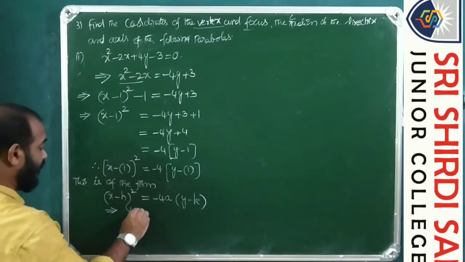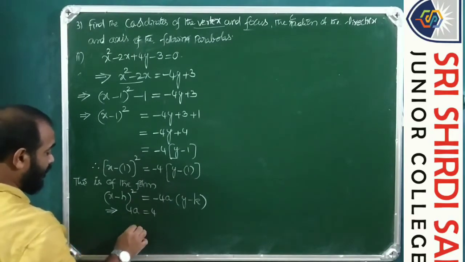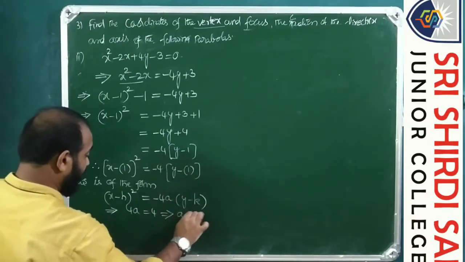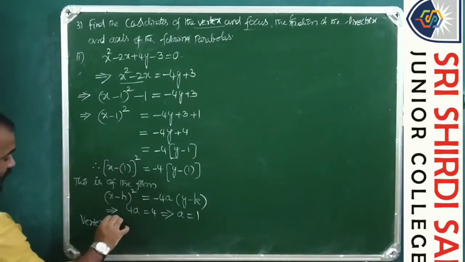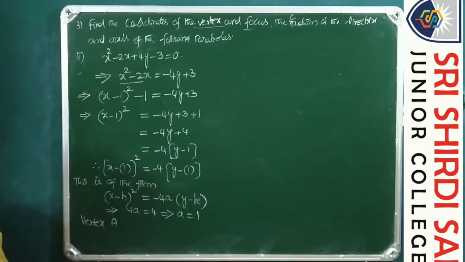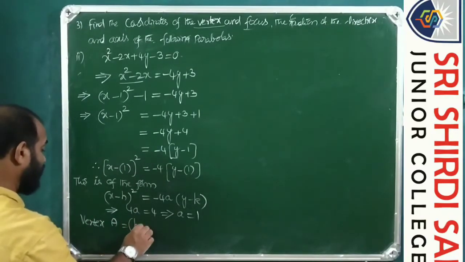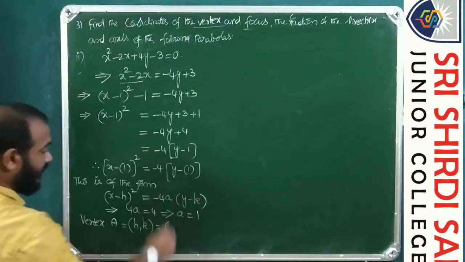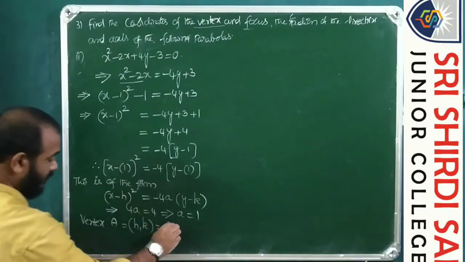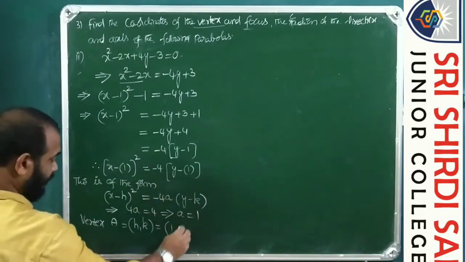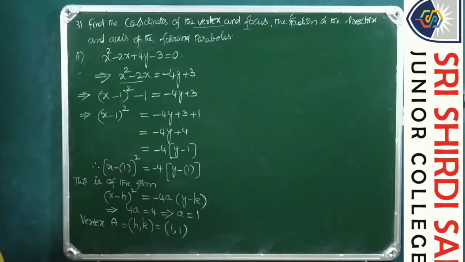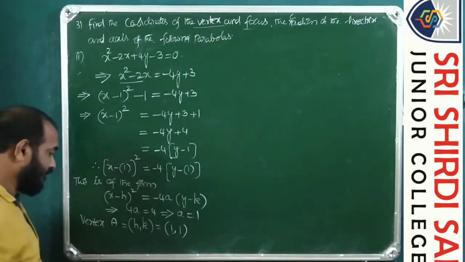So 4a equals 4, from this a equals 1. And the vertex is denoted by the letter A. A equals (h, k). So here h is 1, k is 1. h comma k are (1, 1).